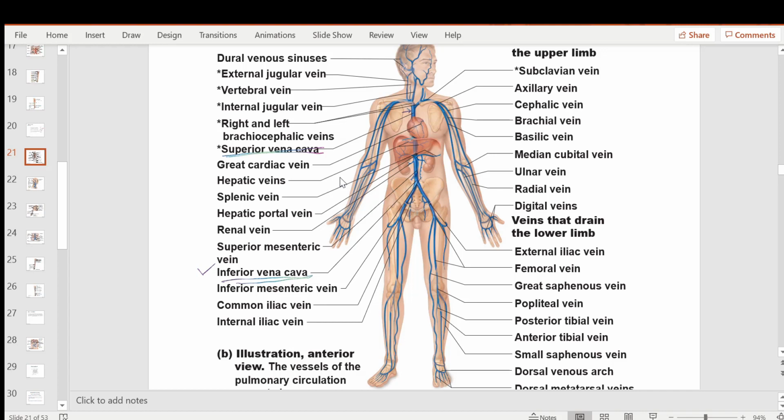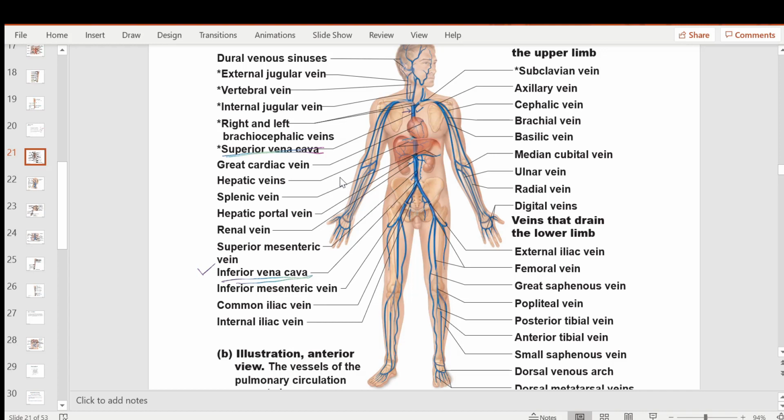Now let's see superior vena cava. For convenience, we will go from the large vein to the small. Although I already mentioned that in case of the venous system, the small veins give blood to the larger veins, and larger veins bring the blood towards the heart. So this is superior vena cava.